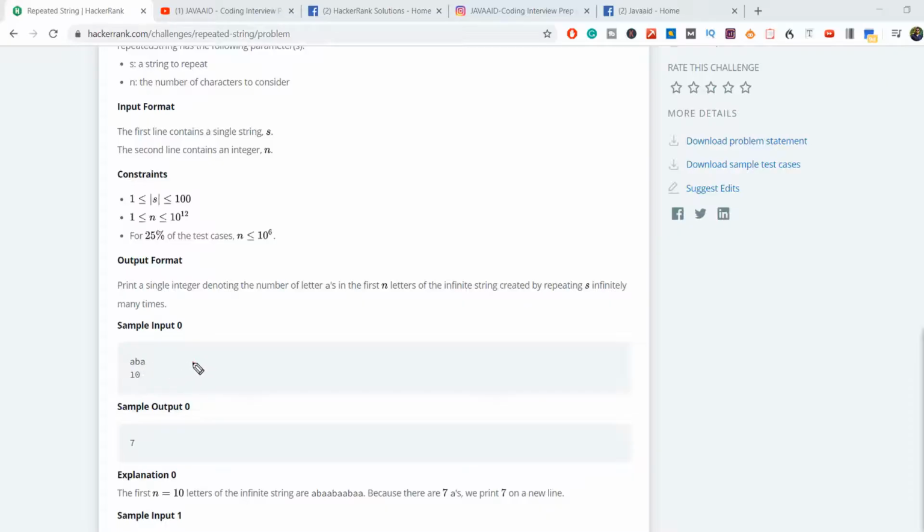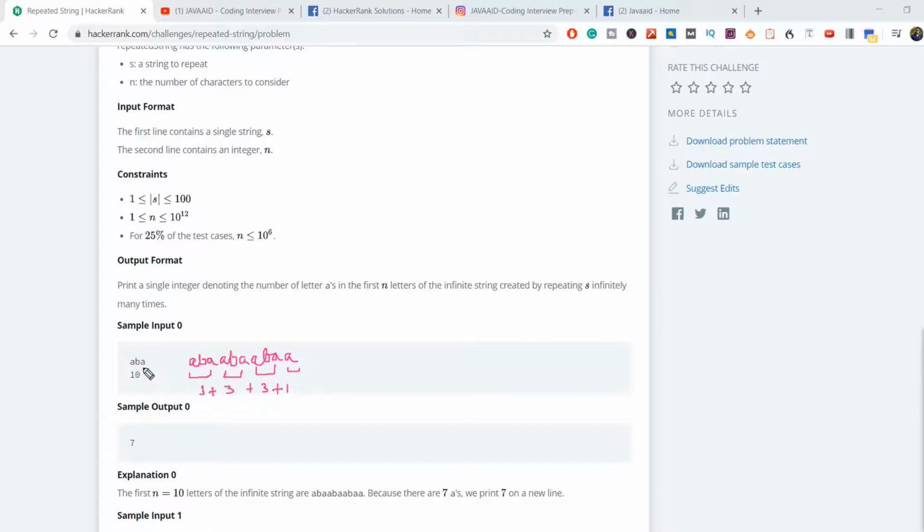First will be ABA, then again we will add ABA, then again we will add ABA, then again we will add A. Why will we not add more, guys? Because we have to add this string only till the 10th character. So if you count, we have 3 characters, 3, 3 and then 1. So in total we have 10 characters.